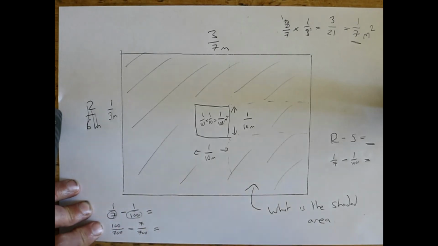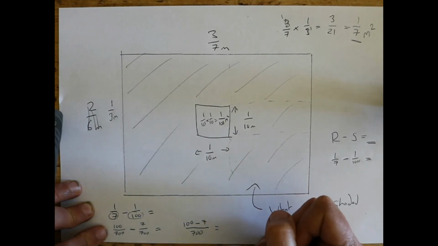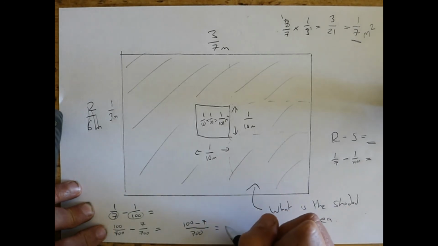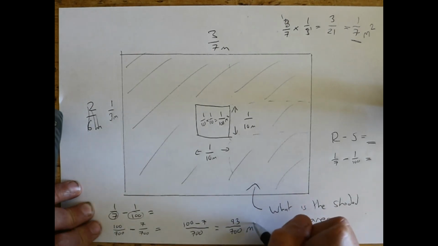Because both the bottoms are the same, we can rewrite the fraction like this. Nice and simple. 100 minus 7 is 93, and the bottom is 700. So that is the answer, and don't forget metres squared.